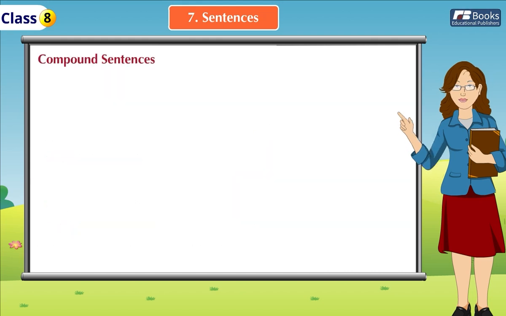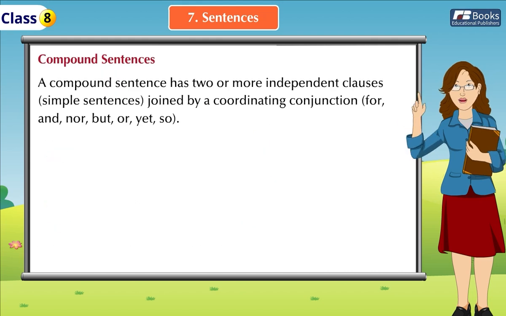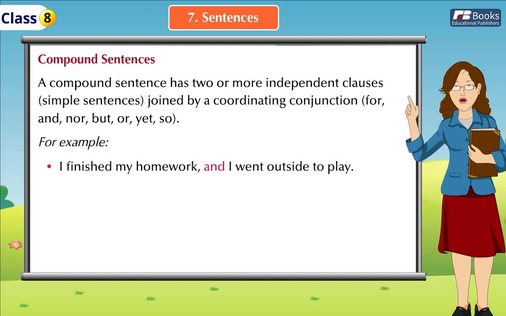Compound sentences. A compound sentence has two or more independent clauses, simple sentences joined by a coordinating conjunction: for, and, nor, but, or, yet, so. For example, I finished my homework and I went outside to play.